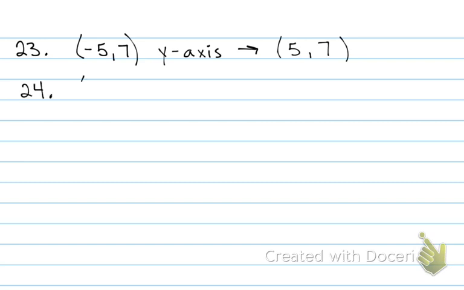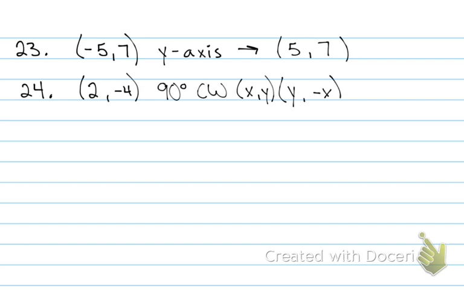Okay, number 24, on the rotations, I will provide you with the code that you need on your final exam. So if it's a 90-degree clockwise rotation, I want you to rotate the ordered pair. Noah, what did you get for the rotated ordered pair?